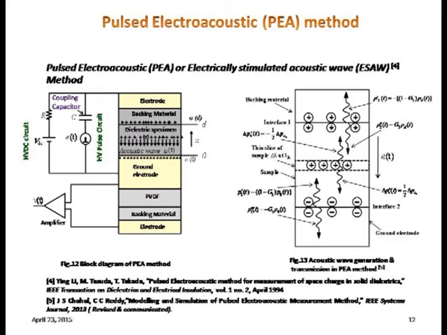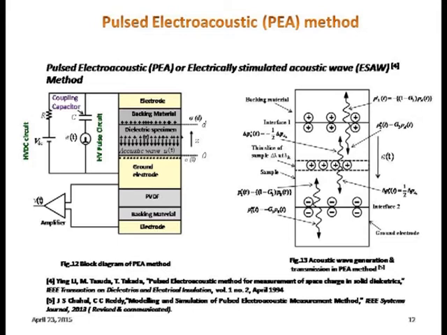So this is the pulsed electroacoustic measurement method. Here I will explain to you. This is the system. There is a top electrode, and here some backing material, which is also conducting, and this is the dielectric specimen in which we are measuring the space charges, and this is the ground electrode.